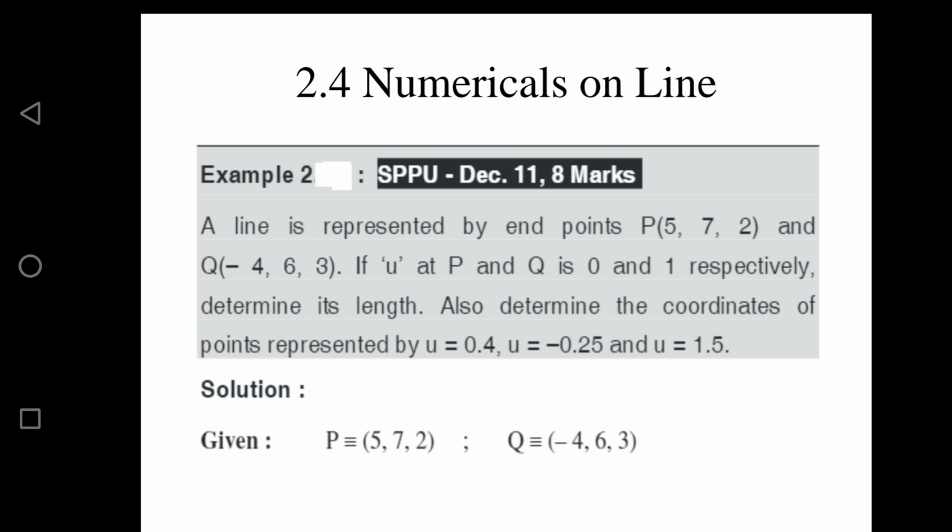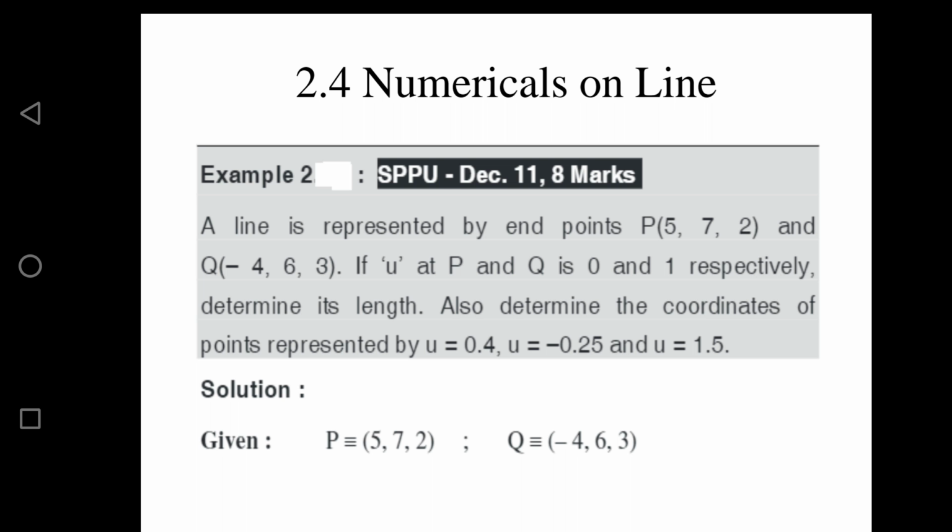If u at P and Q is 0 and 1 respectively, determine its length. We have an independent parameter u which goes from 0 to 1 from P to Q, so the value of u at P is 0 and at Q is 1.